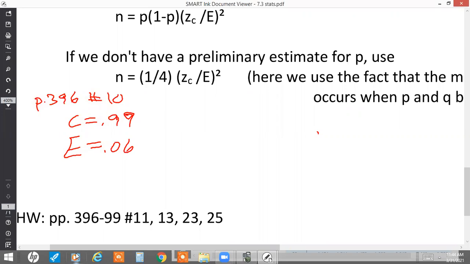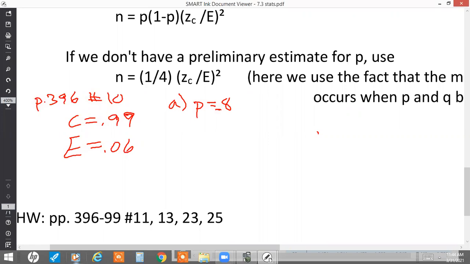Part A, if you have a preliminary estimate for P of 0.8, and then part B, we'll do when I get to part B. It's a two-part problem.